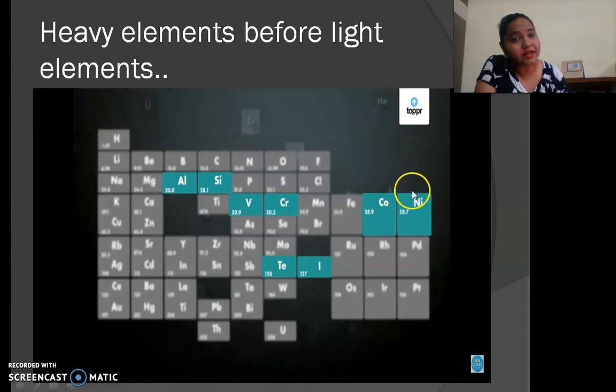Cobalt is placed before nickel. Okay. Now, why was this so? This was because Mendeleev wanted elements having similar properties placed in the same group.